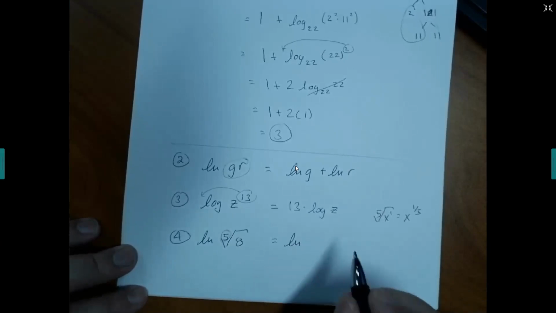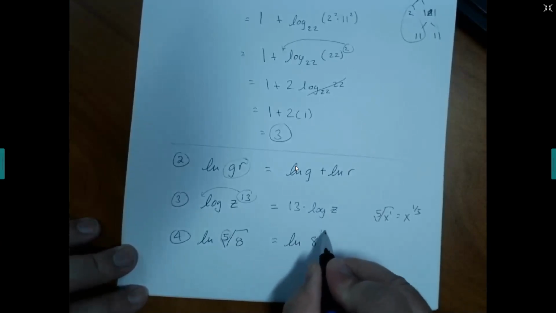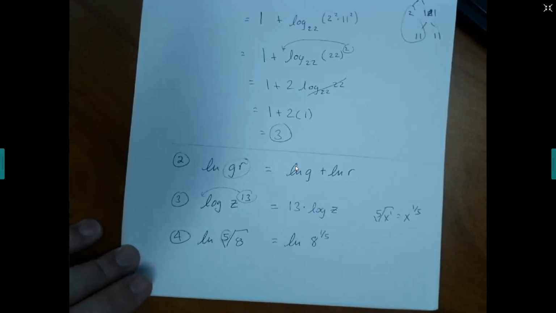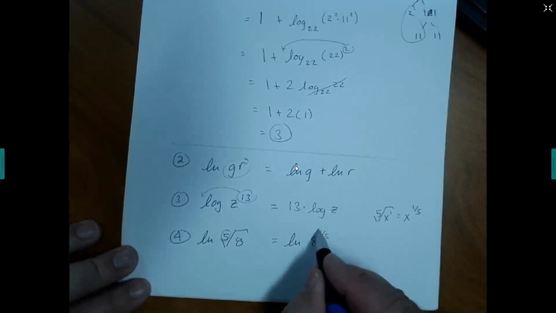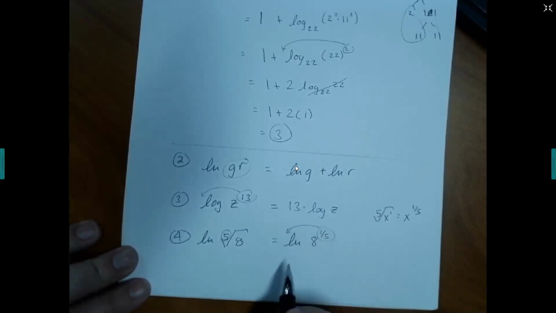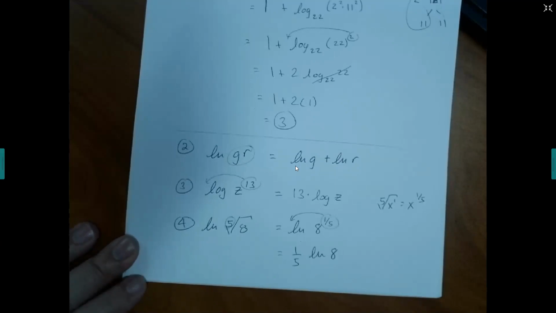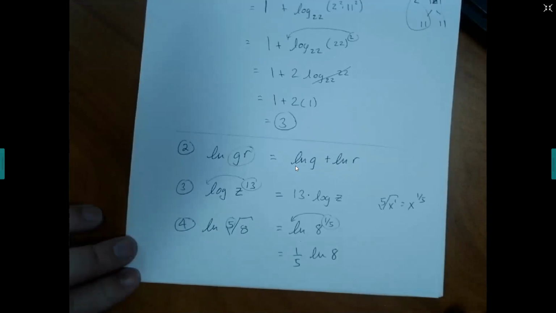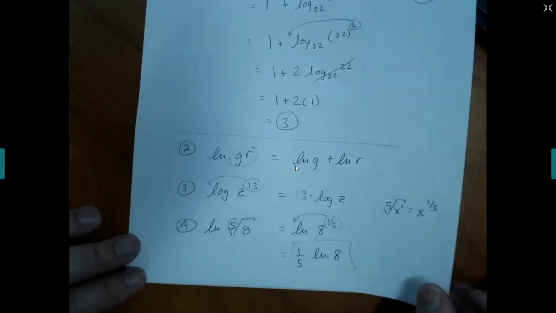So we have ln of 8 to the 1/5 power, which is 1/5 ln of 8, and use a calculator for ln of 8. They didn't want you to go that far. They said let's put it as a product, because the rest of that part is just putting it in the calculator and hitting enter.